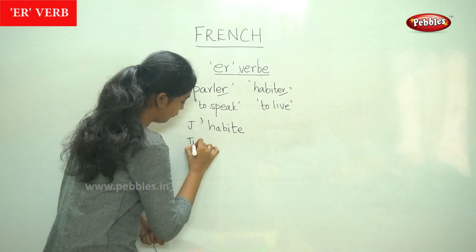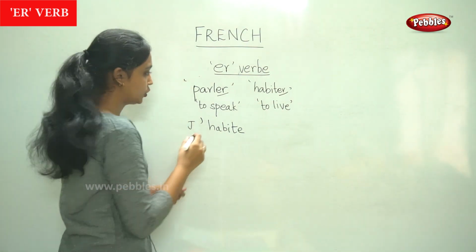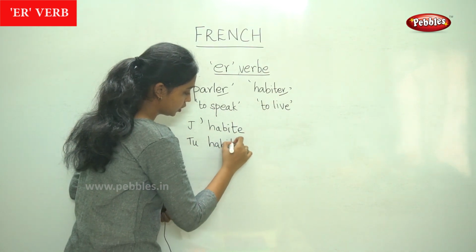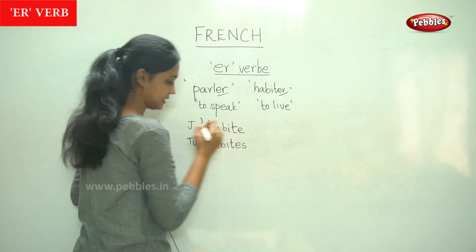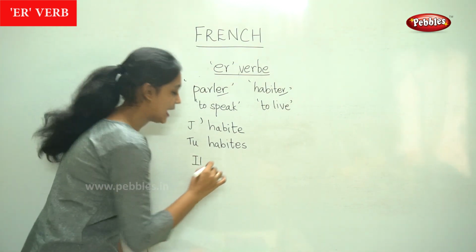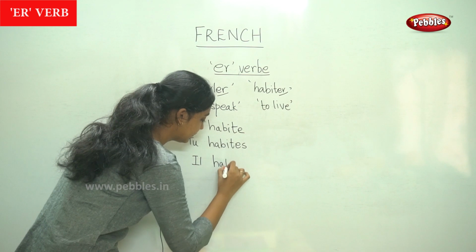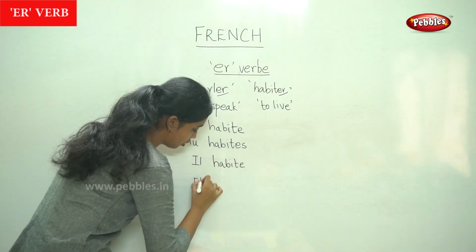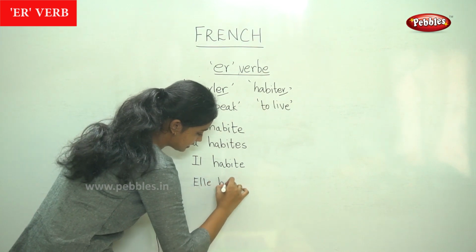Then for tu, habites, we add ES. For il, we add E. For elle also, the ending is the same.